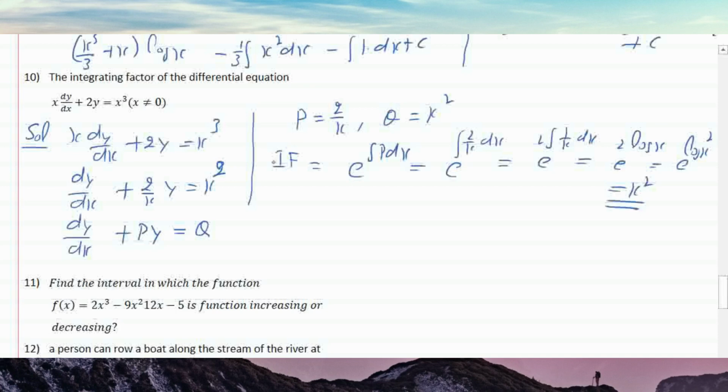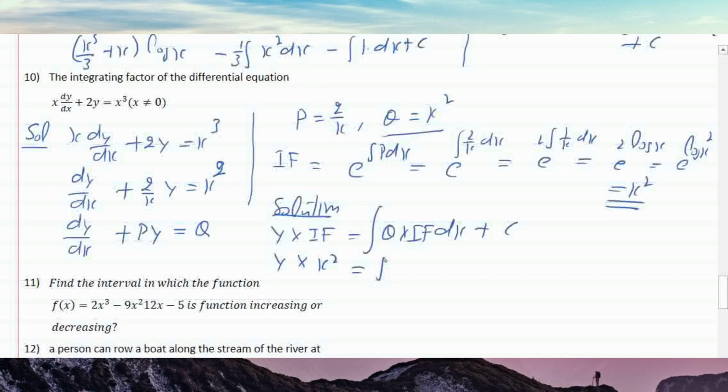Sometimes he may ask you to find the solution, children. So the solution is y into integrating factor is equal to integration of q into integrating factor dx plus c. This is the formula. So if you want to find the solution to this question, then see the value of q here is x square, right?